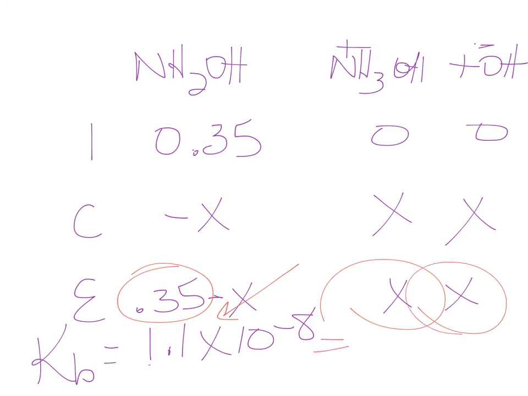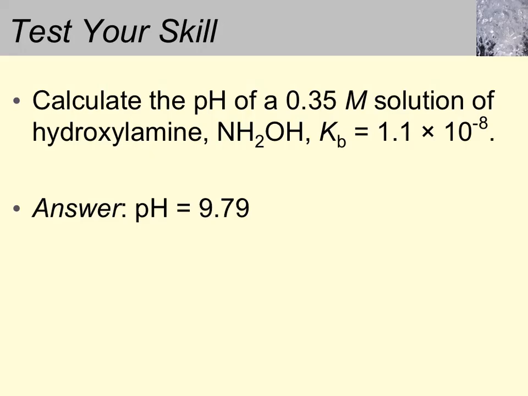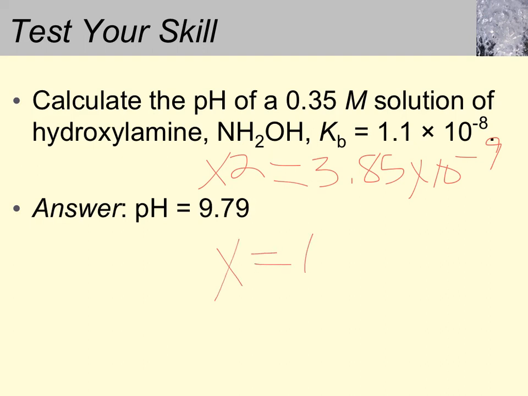So we have 1.1 times 10 to the minus 8 equals x squared over 0.35. We get that x squared is 3.85 times 10 to the minus 9, and x then is 6.2 times 10 to the minus 5.